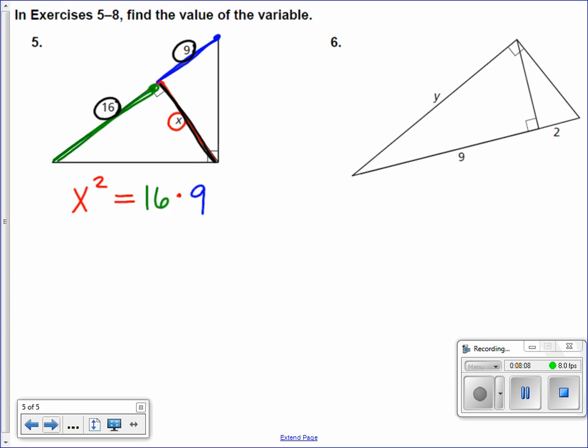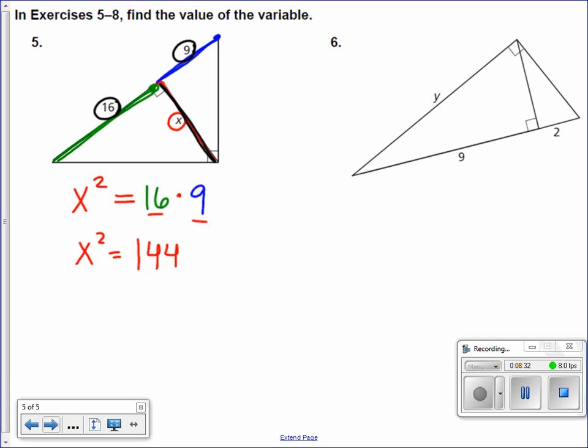Okay? And now we can simplify this. And really what you're doing here is you're taking the geometric mean of 16 and 9 to find x. If we multiply 16 times 9, let me get my calculator out. We get 144. That's x squared.